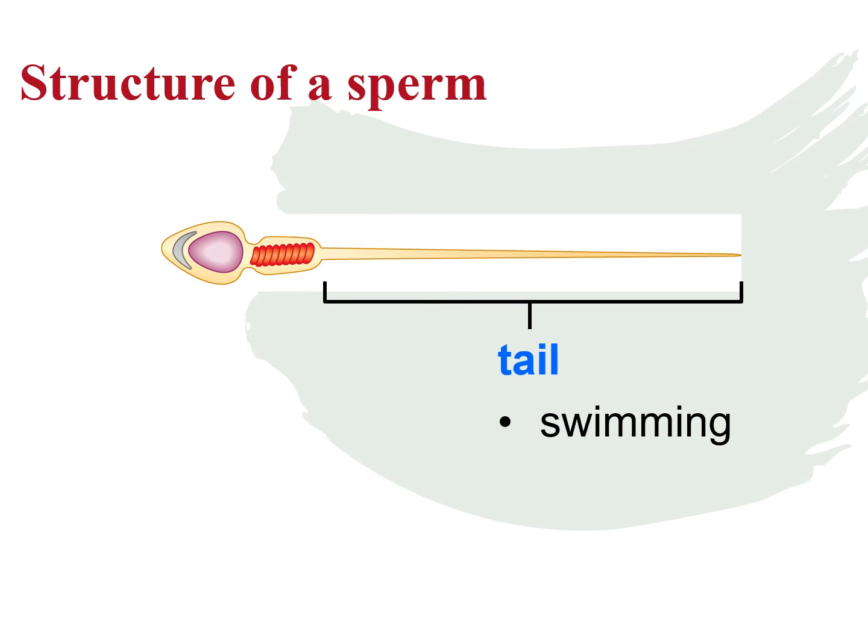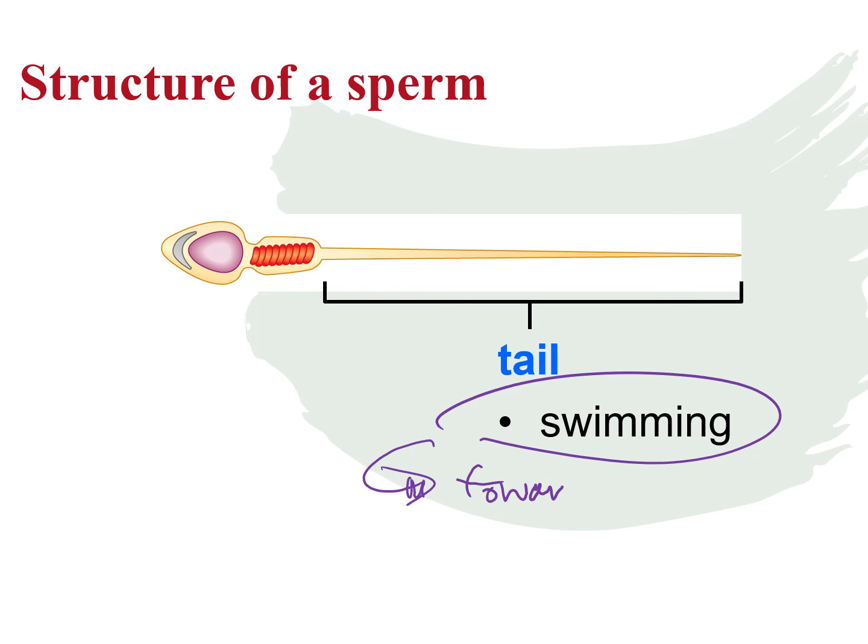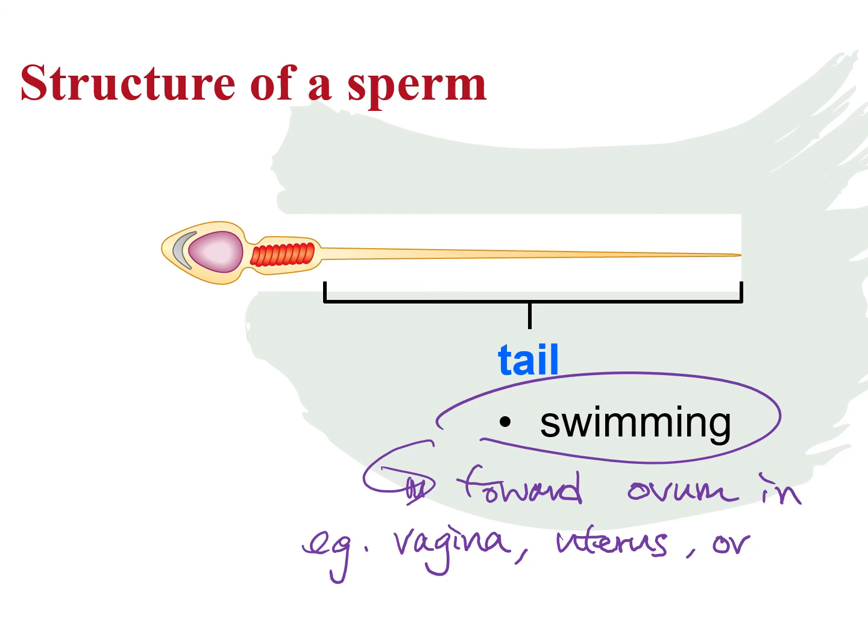Last but not least, you have a tail region in the sperm for the swimming action, which helps it swim towards the ovum in the female reproductive parts, such as the vagina, 阴道, the uterus, 子宫, or the oviduct.